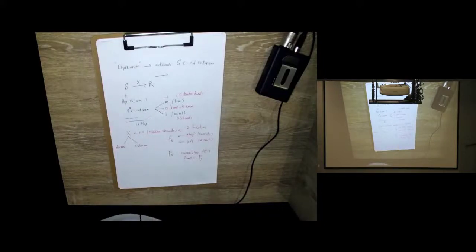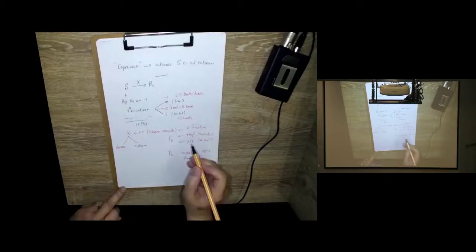Also, this terminology, probability mass function or probability density function, is not universal. Some people simply call this function, regardless of whether it's discrete or continuous, the probability density function.